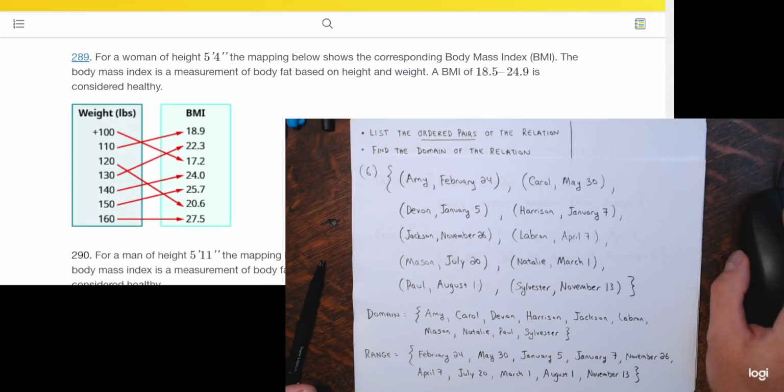Exercise 289 is going to be example 7, and it's the same thing, the same instructions. Write the relation as a set of ordered pairs, then state the domain of the relation, state the range. But this time it's not names to birthdays. If I read this here, it's for a woman of a height 5 feet 4 inches. The mapping below shows the corresponding body mass index, or BMI. The body mass index is a measurement of body fat based on height and weight.